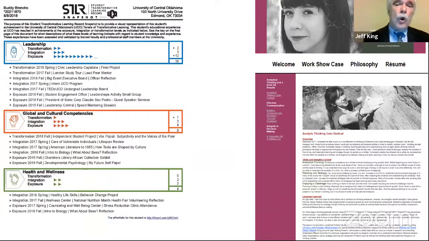close before graduation, when students are building a portfolio, which is a common assignment in our capstone courses, they say to us, thank goodness for STLR, because I get to go back and see what I wrote about my own development, my own thinking in global and cultural competencies when I was a freshman at the university, compared to how I think now.